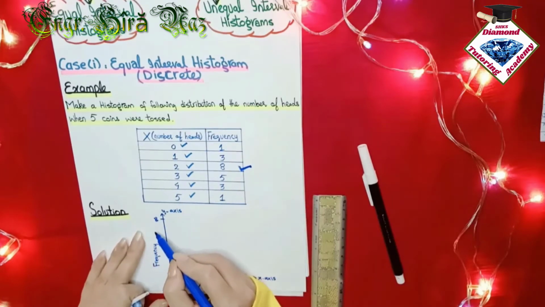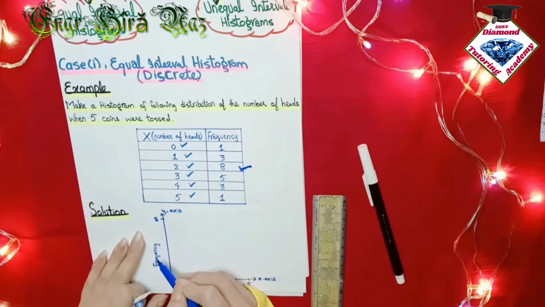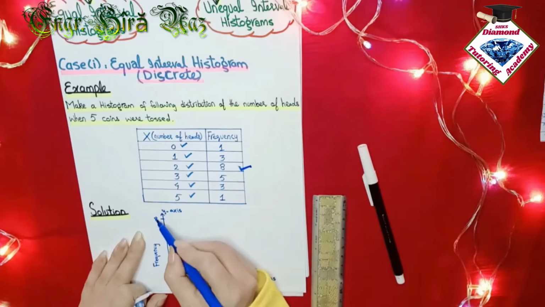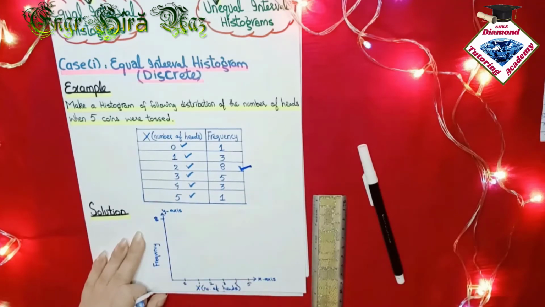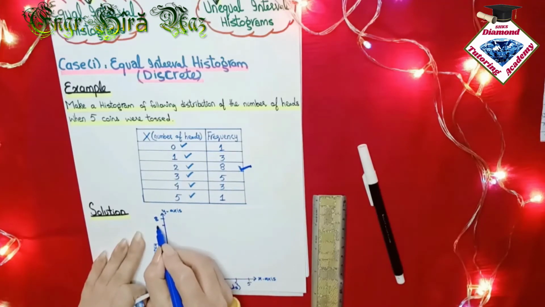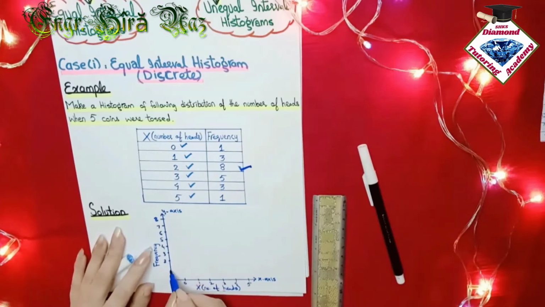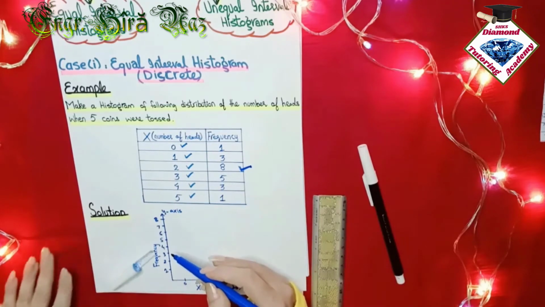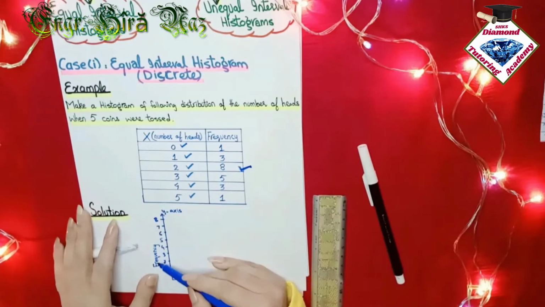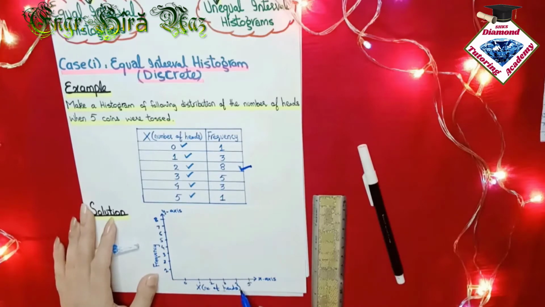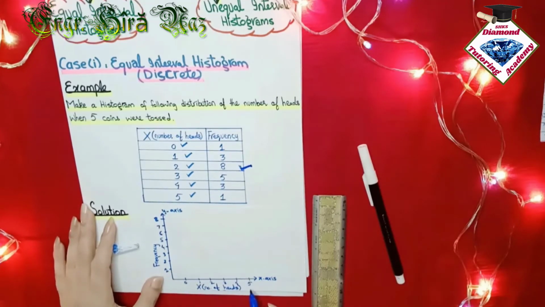Now we are going to mark 7, 6, 5, 4, 3, 2 and 1 giving equal distance between each interval. Our interval gap is the same along y-axis as well as along x-axis. That is a gap of one interval.